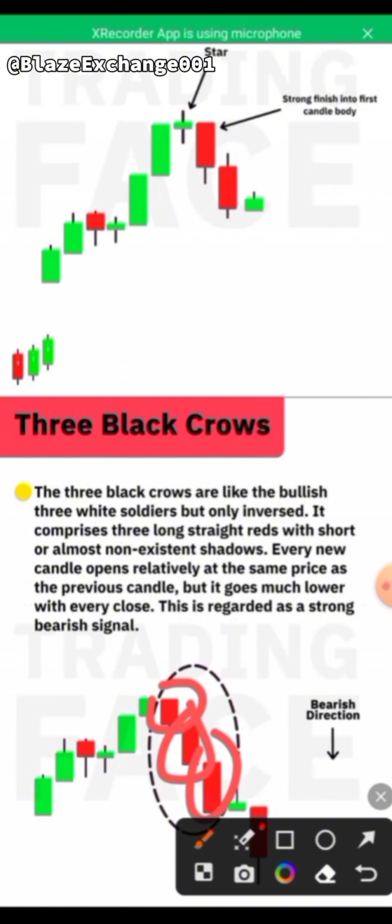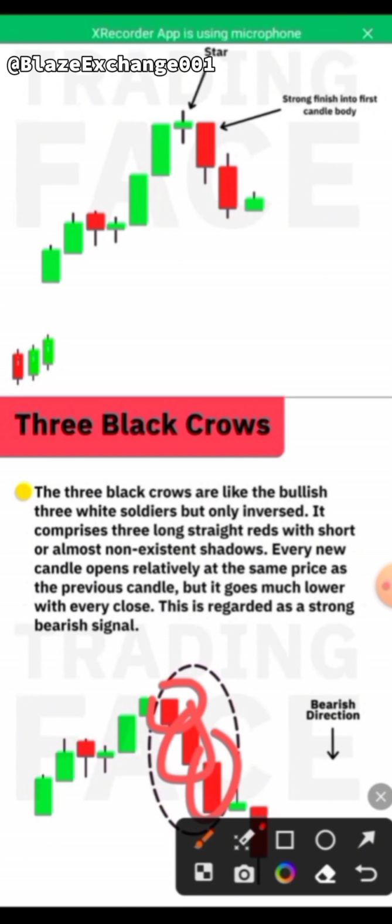Number one is green with small or no wick, number two is also green and long with small or no wick, number three is also green and long with a small wick. This is three white soldiers. Then before you confirm that this is three white soldiers, check whether it is coming from a downtrend or an uptrend.